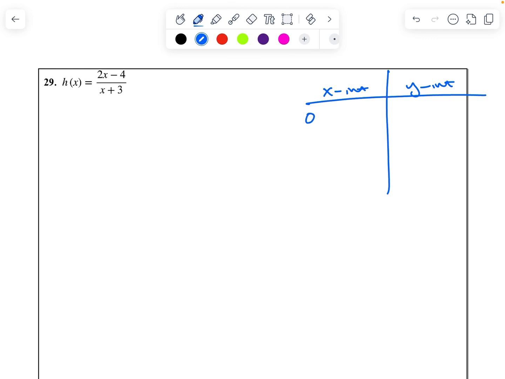So finding the x-intercept, we know the bottom we're going to get rid of, 2x minus 4. So our x-intercept is 2, 0. Our y-intercept is -4 over 3.